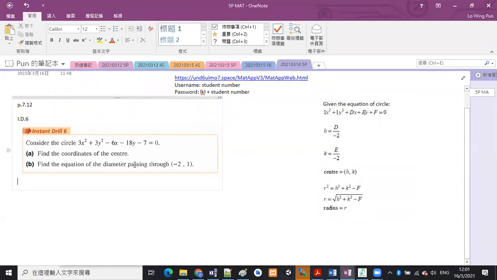Instant drill number 6. Consider the circle 3x squared plus 3y squared minus 6x minus 18y minus 7 is equal to 0. Part A, find the coordinates of the center. The center will be h and k, so we need to find the h value and k value first.